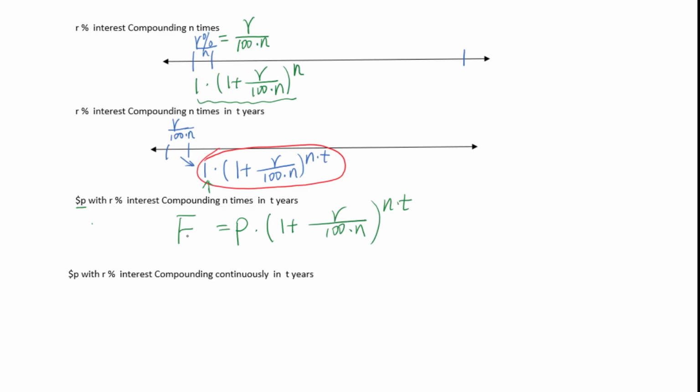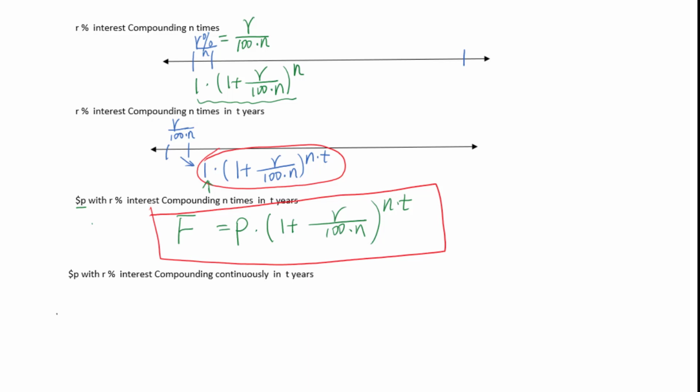We use F to stand for the future value. This is the formula for compounding interest.